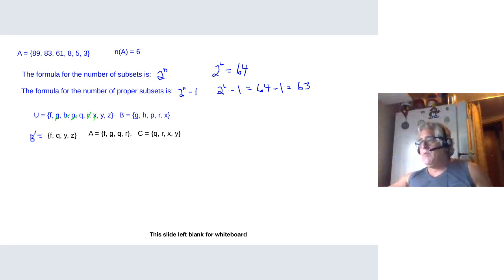So once we got the B prime, then it's going to be easy to find what we need.